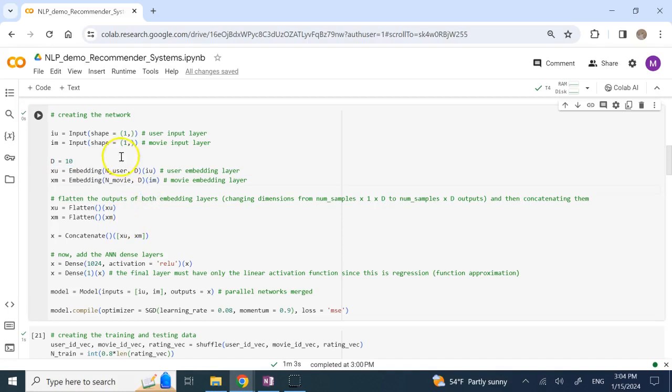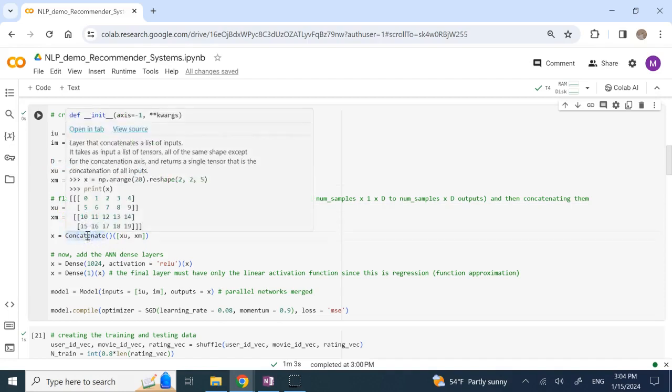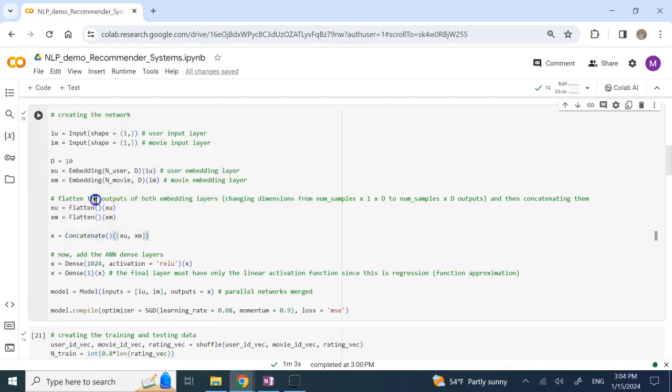And then before we pass them to the concatenation, we need to flatten these results, then pass them to concatenation. You might say, why is that? Because the outputs of these embedding layers have dimension number of samples times 1 times D. While when you want to concatenate them, you cannot concatenate them like that. You have to get rid of this extra dimension of 1.